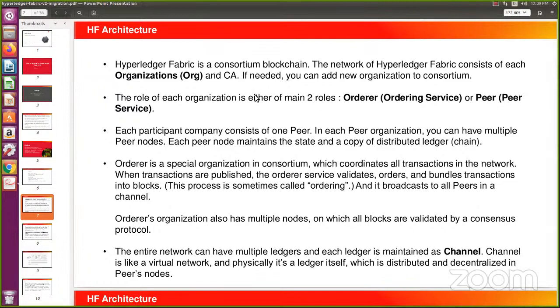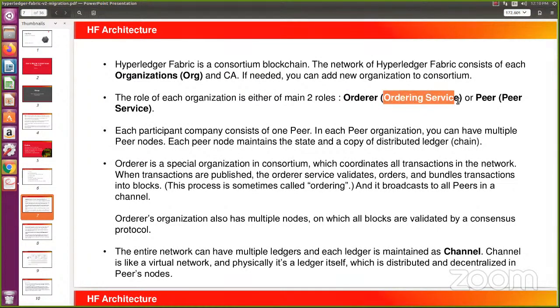In a Fabric network, again, Hyperledger Fabric is a private network, so only members can join the network. Usually there are organizations that are members, and there's a certificate authority that issues the credentials or identities of these participants. The role of each organization is either as orderer, the ordering service, or a peer service provider.